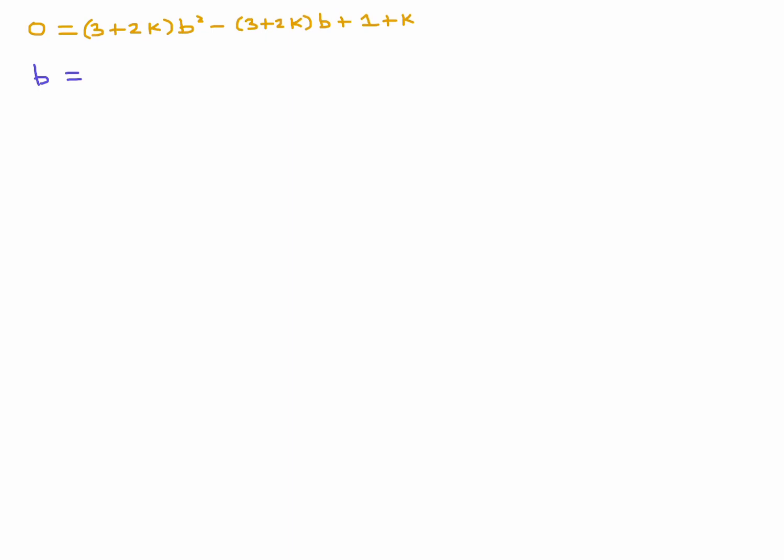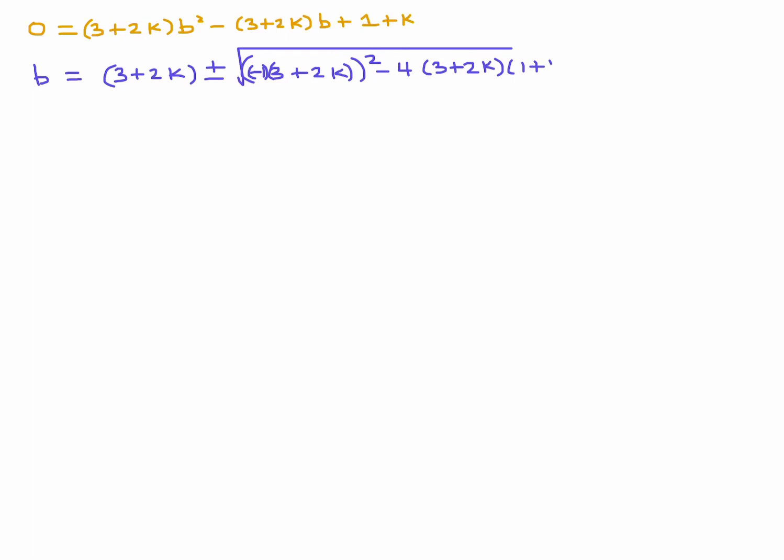I mean, you guys are smart. You understand. Minus b, so that's going to be 3 plus 2k, plus or minus the square root of b squared, which is 3 plus 2k, negative 1, all squared, minus 4ac, 3 plus 2k times 1 plus k, like that, all over 2a.